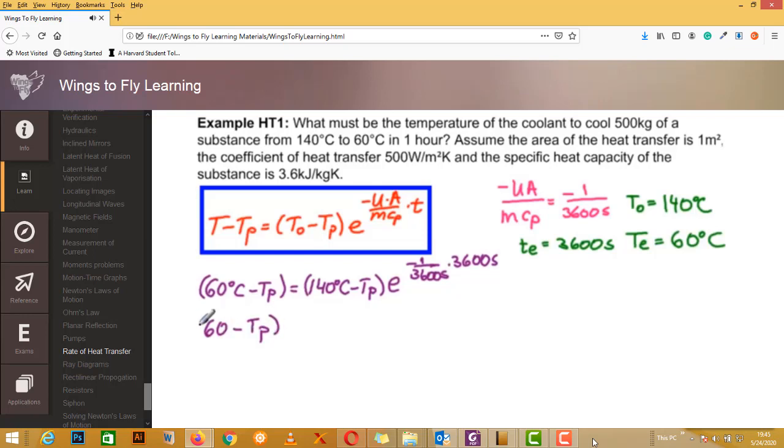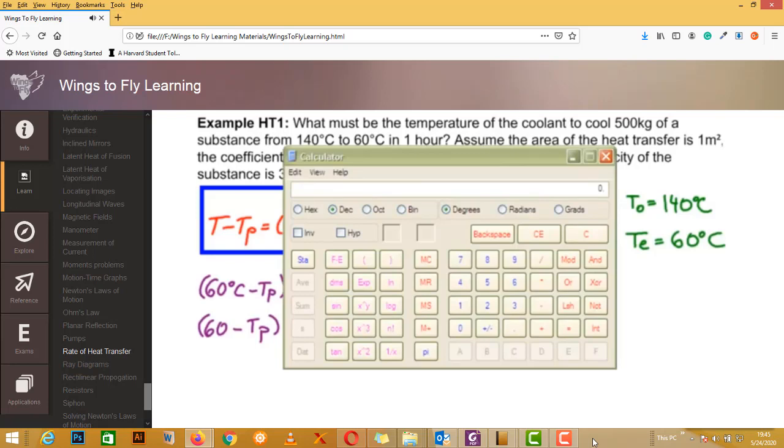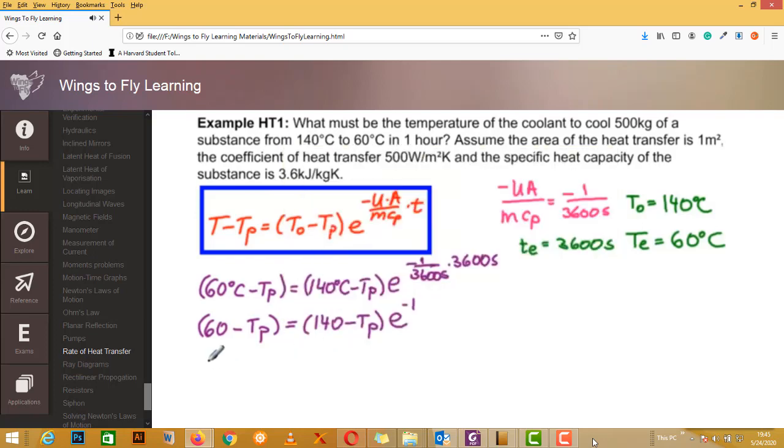We'll write it without the units because we got all our units straight. 140 minus Tp times e to the minus 1. Get our calculator. How did we get e to the minus 1? So that's 1 plus minus, that's minus 1, and then we need inverse ln. So it's 0.3679. So we have 60 minus Tp equals 140 minus Tp times 0.368.